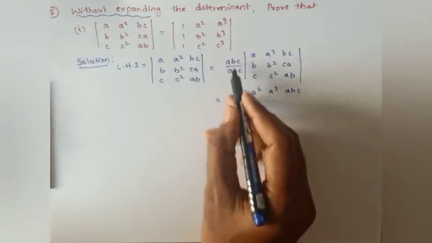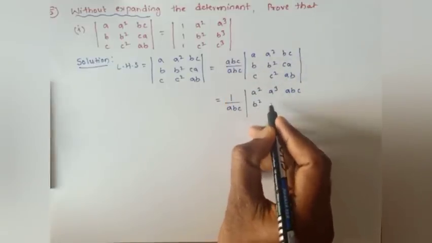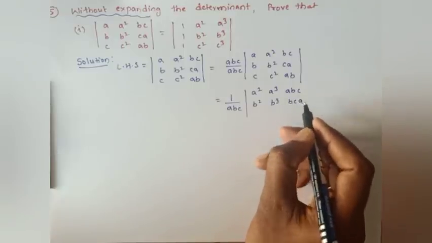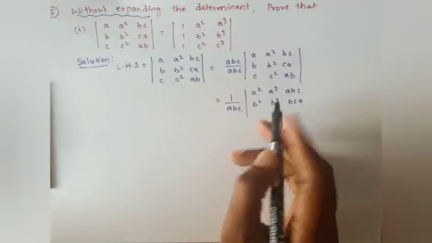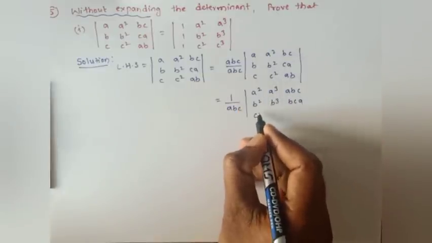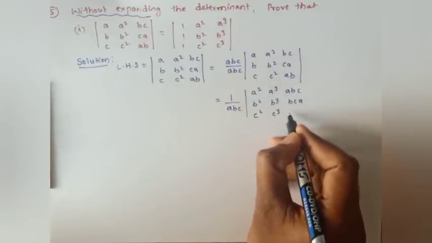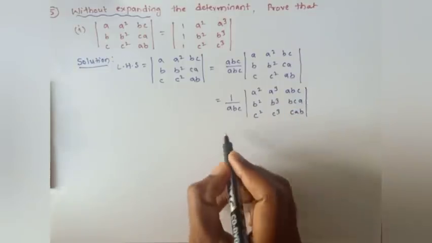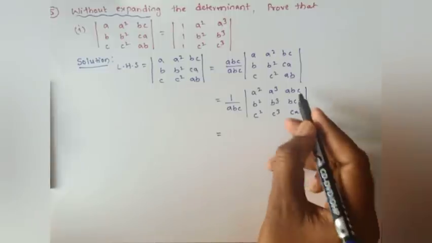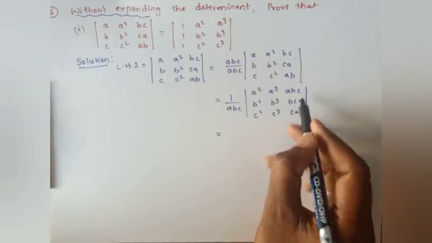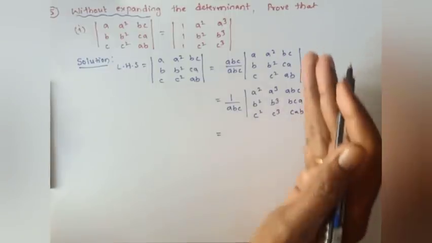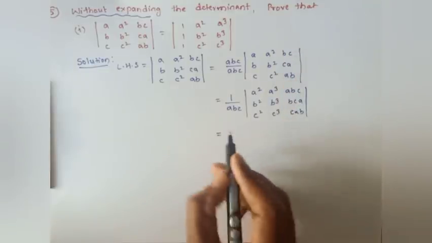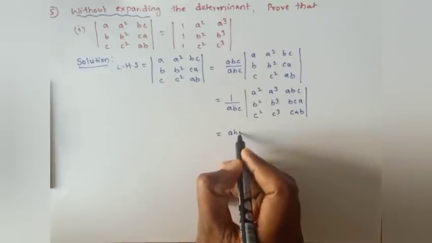The second row multiplied with b gives b square, b cube, bca. The third row with c gives c square, c cube, and cab. Now observe the third column of this determinant: abc, bca, cab, the entire column contains the same element abc. So you can take abc as common.